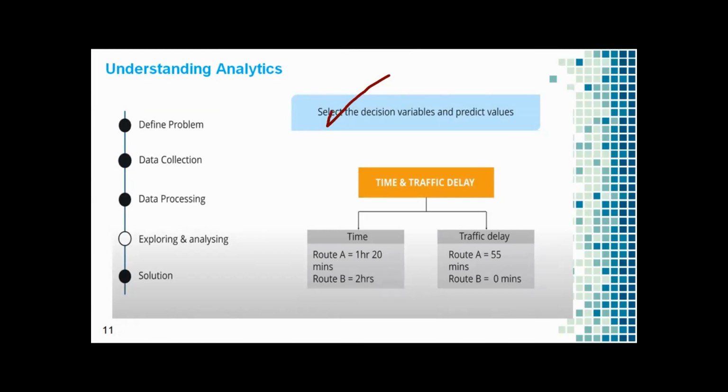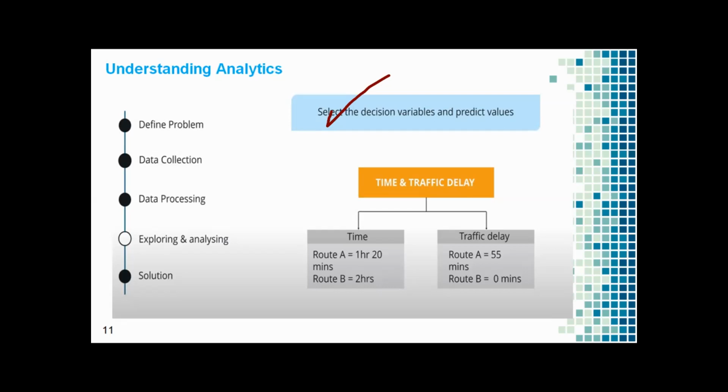So he knows that the normal time through route A is 1 hour 20 minutes. Right. And the traffic delay over here is 55 minutes. So total time we will calculate, but 55 minutes is your traffic delay.